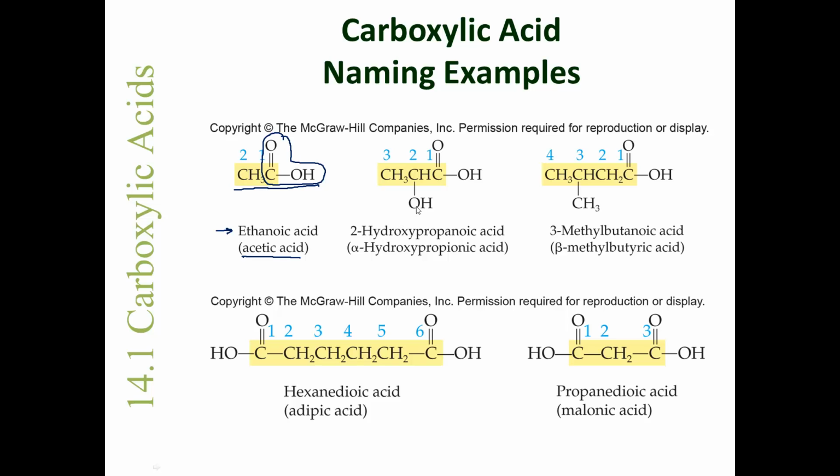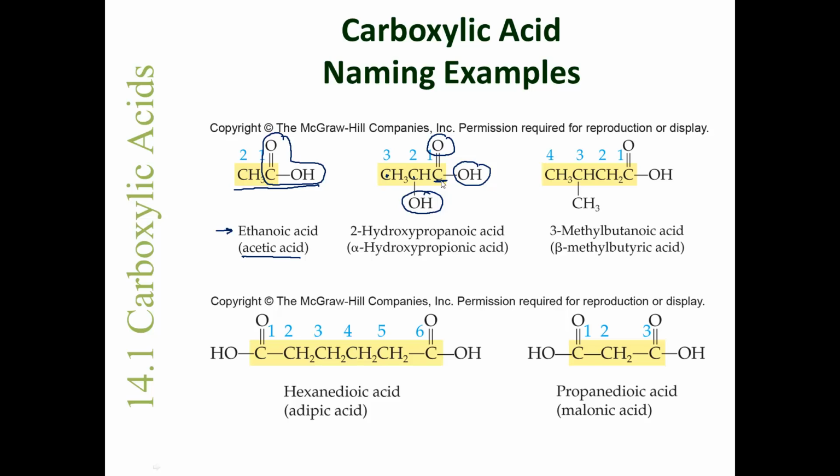All right, so here is where we're going to learn some of the naming. Again, the carbon that contains the double bonded oxygen and hydroxyl group is always going to be carbon number 1 when we're naming carboxylic acids. So this is carbon number 2, and this is carbon number 3. This hydroxyl group is on carbon number 2.